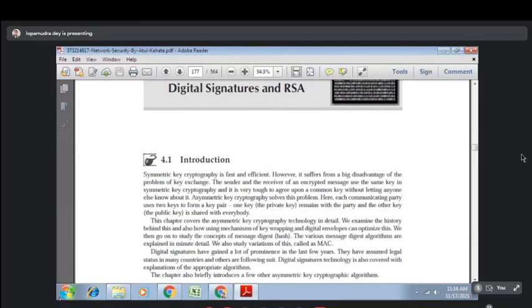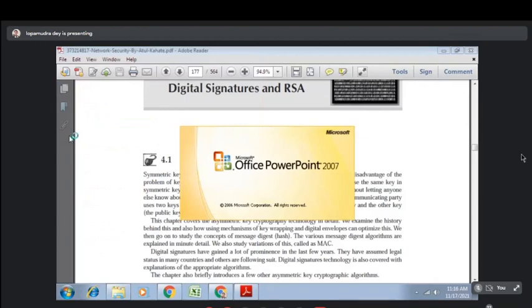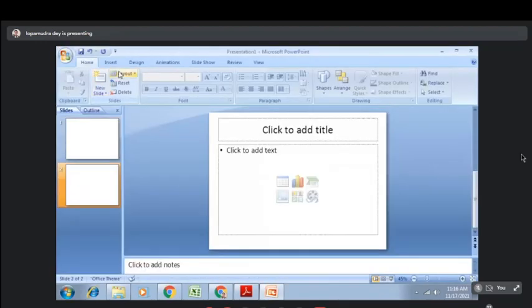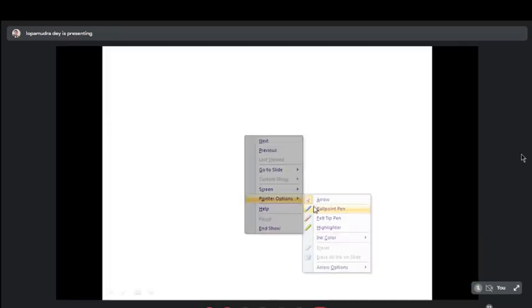Let me discuss this with the help of Notepad, Microsoft Word. Suppose this is the sender and this is the receiver.